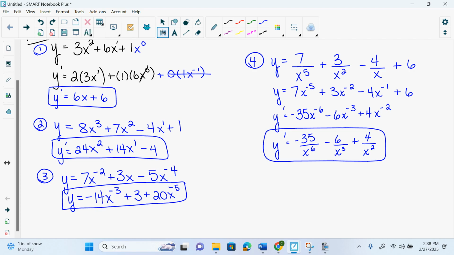All right. 5. One last one. y equals 3 square root x squared minus 4 cube root x to the 5 plus 6 square root x.